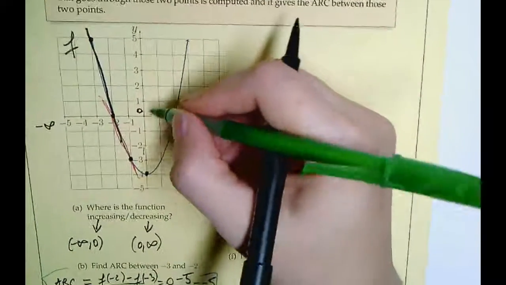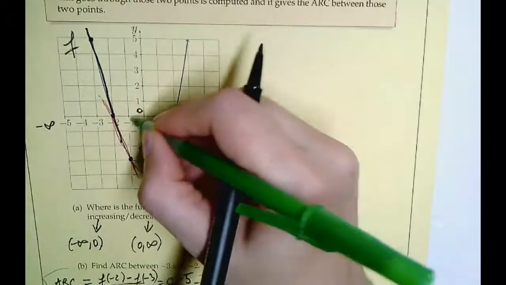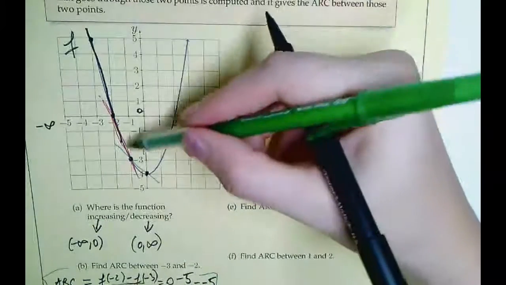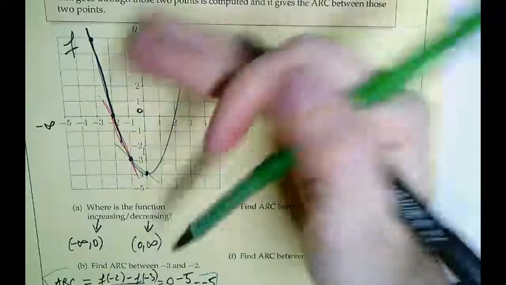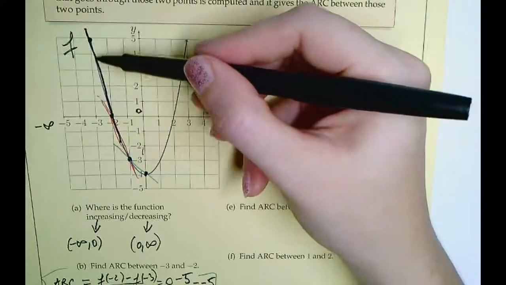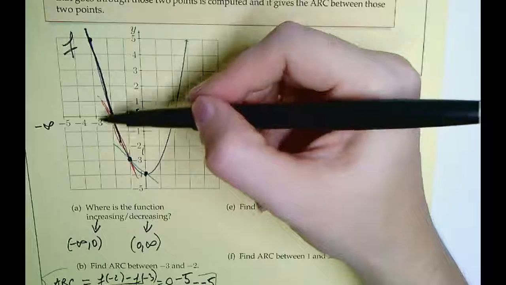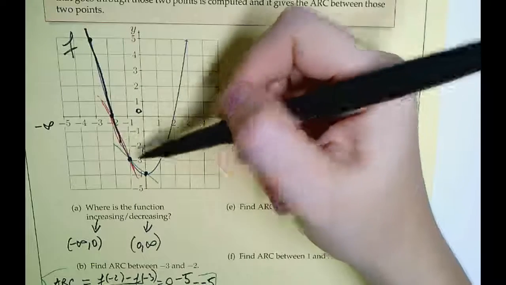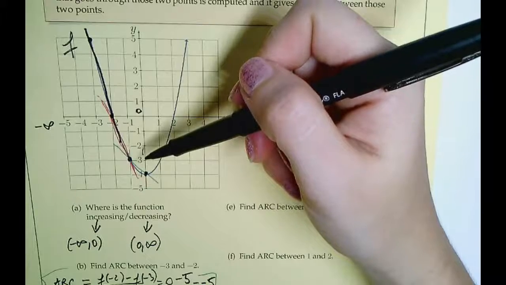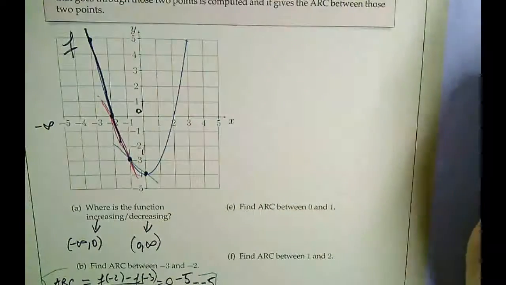So we just calculated that between negative 1 and 0, the average rate of change is the slope of this green line. So you see, the average rate of change was the slope of this black line, and then the slope of this red line, and then the slope of this green line. And these slopes are changing. They are not the same as is the case for a linear function.